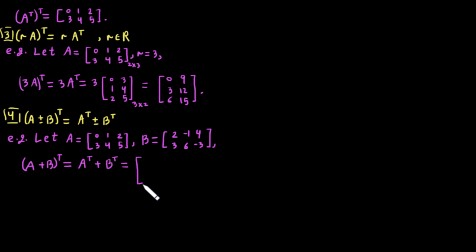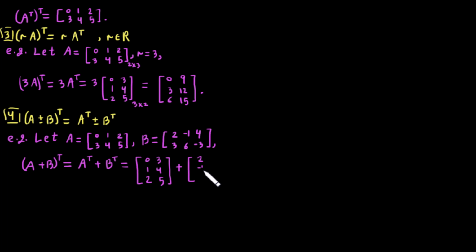Let's compute A transpose. The first row will become the first column. So here 0, 1, 2, as we did before. 3, 4, 5, and here it will become 3, 4, 5, plus, because here plus, here the same thing. 2, -1, 4.